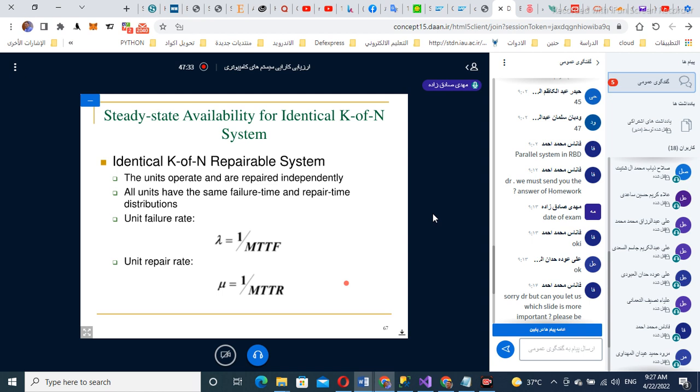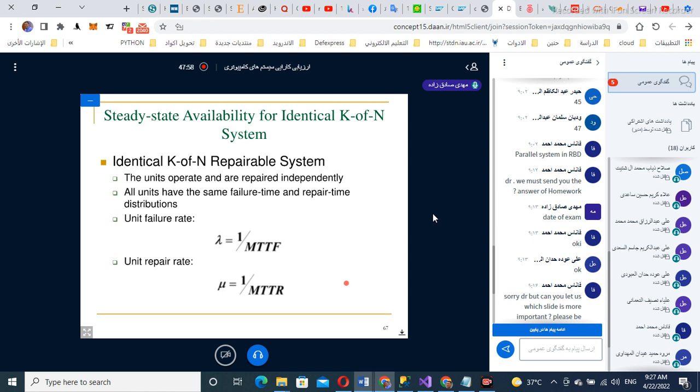So, in identical k of n repairable system, the units operate and are repaired independently. And all units have the same failure rate and repair time distribution.